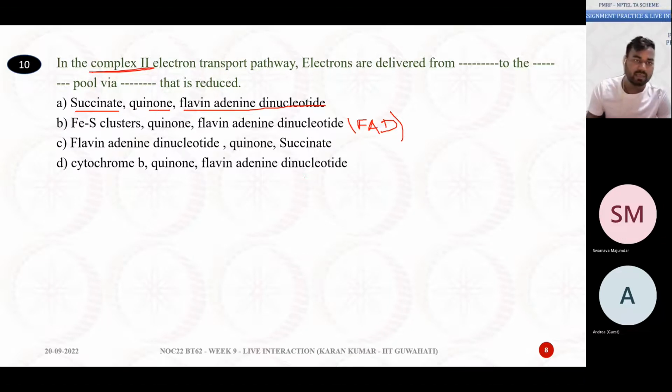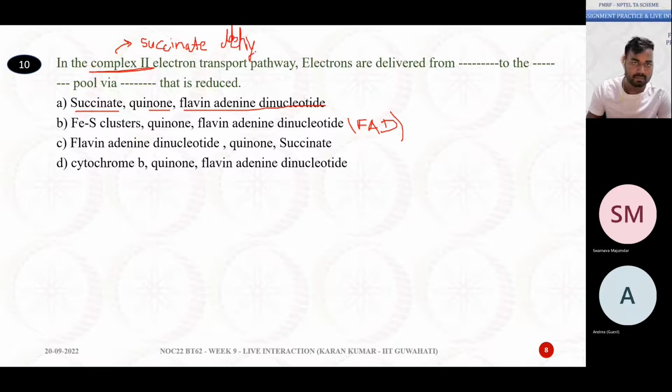So here, if you remember, complex 2 is also known as succinate dehydrogenase. Like how complex 1 is called NADH dehydrogenase, complex 2 is termed succinate dehydrogenase.